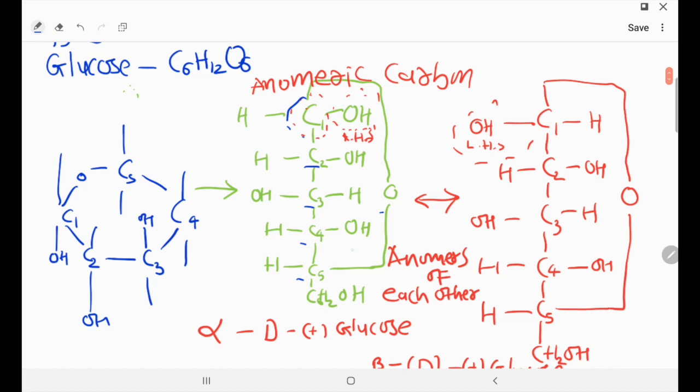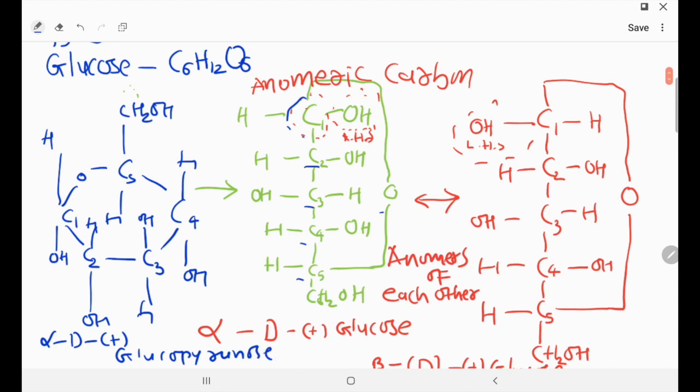On carbon number 4 it's here. On carbon number 5, as we discussed, plot CH2OH on the above one. Remaining valencies will be completed by hydrogen itself. By this way, students, you can plot the structure of alpha D plus glucopyranose.